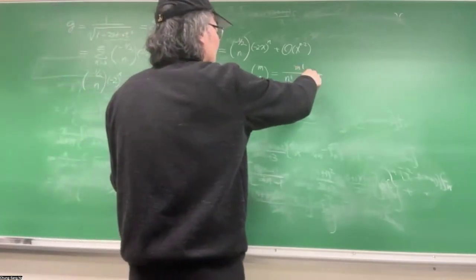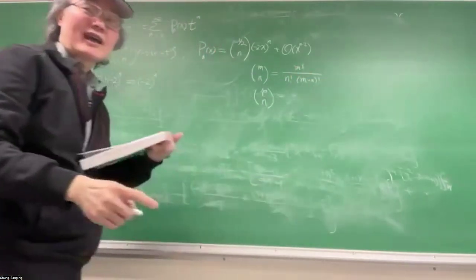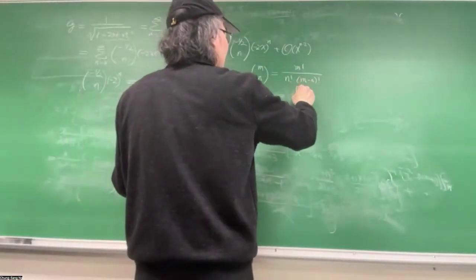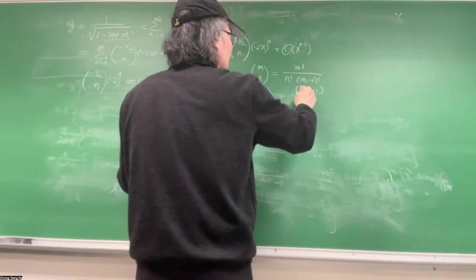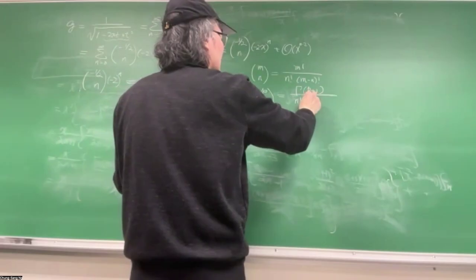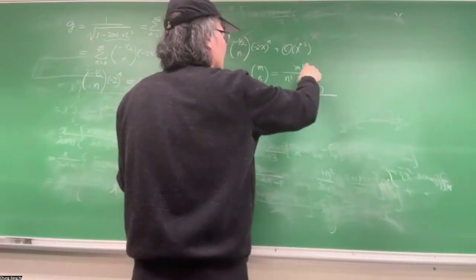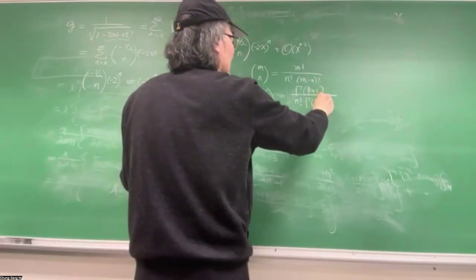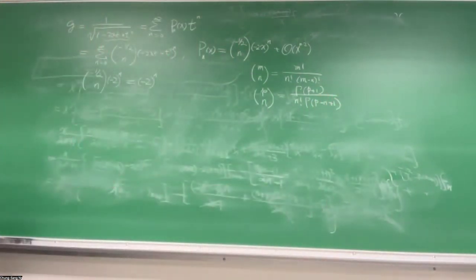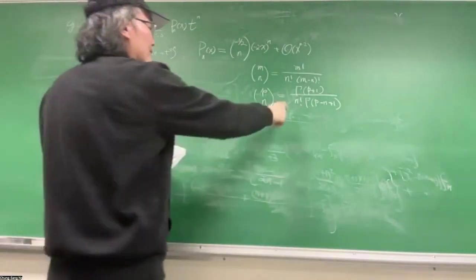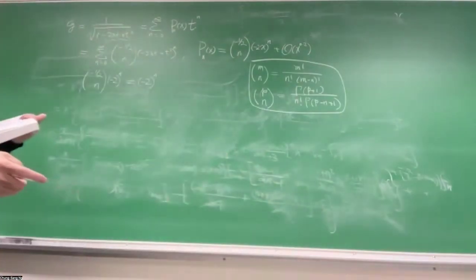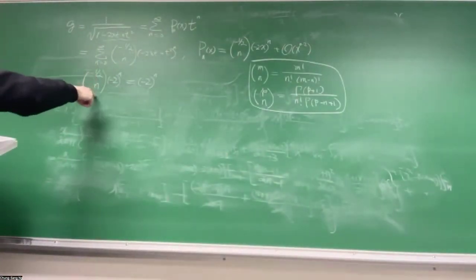So m factorial is just gamma of m plus 1, right? So you generalize that to gamma of p plus 1. n is always an integer. Now this is p minus n plus 1. But we can use the gamma function to express this kind of object.